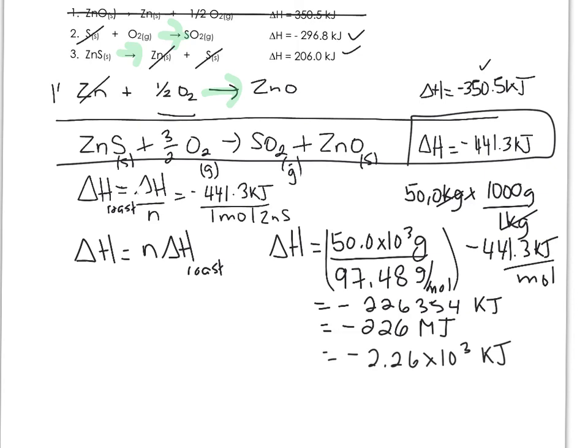And then we found the number of moles we used. We multiplied that by the enthalpy change for 1 mole of zinc sulfide by bringing out the molar enthalpy from the thermochemical equation. And then we calculated the energy change. So quite a lot of energy is released when 50 kilograms of zinc sulfide are reacted.